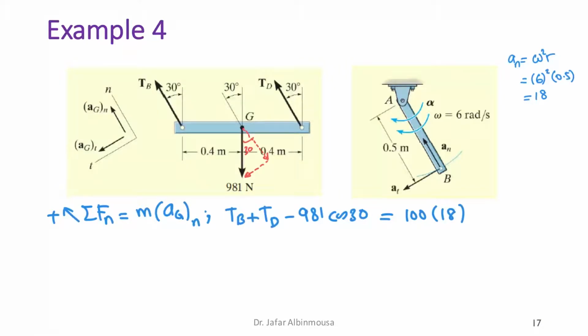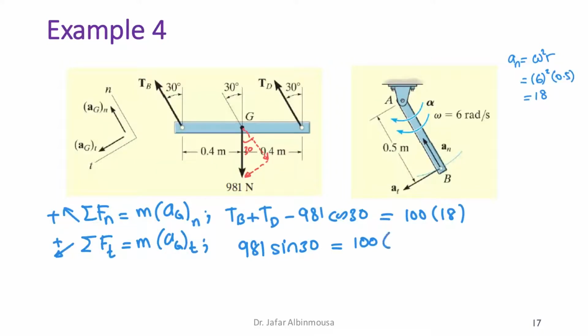Now let's move on to the tangential component. For the tangential component, we will take this as positive, and we will have the sum of Ft is equal to m a_gt. For this, we will have 981 multiplied by sine 30, and this is equal to 100 kilogram multiplied by a_gt.